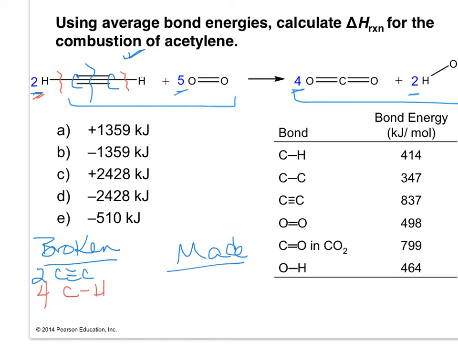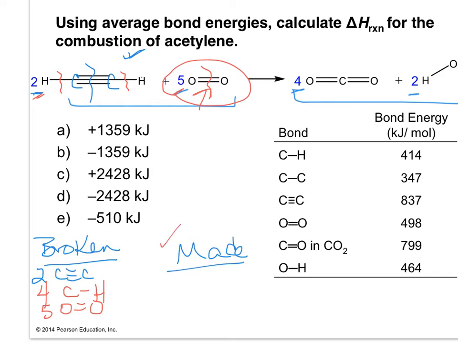So we've broken a total of 4 carbon hydrogen bonds. Have we broken anything here? We certainly have. We have broken 5 oxygen double bonds. If there's a double bond, you make sure you show it as a double bond. All right, those are the bonds we've broken.